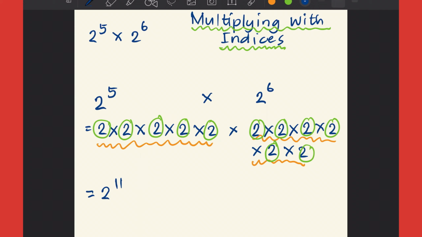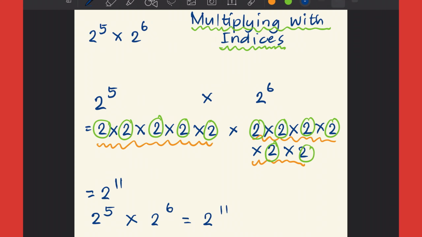So we can see the link: when we have 2 raised to the power of 5 times 2 raised to the power of 6, it is the same as 2 raised to the power of 11.